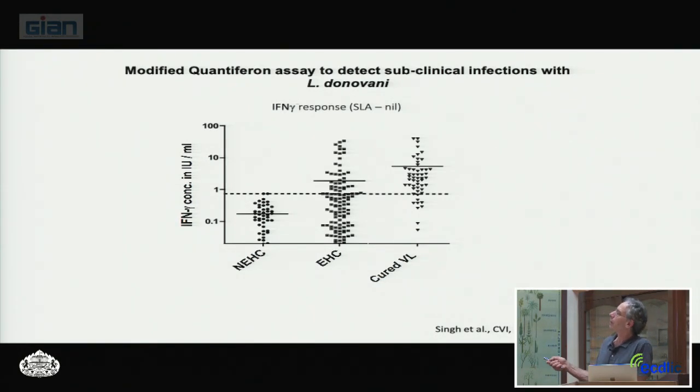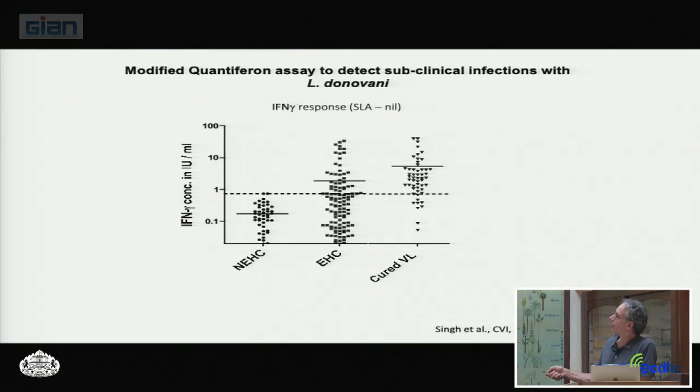The group at BHU adapted this QuantiFERON assay using Leishmania antigen instead of TB antigen, the whole blood assay. The point was to detect subclinical or asymptomatic infections with Leishmania donovani. When they stimulated whole blood from non-endemic healthy controls, they made no interferon gamma.